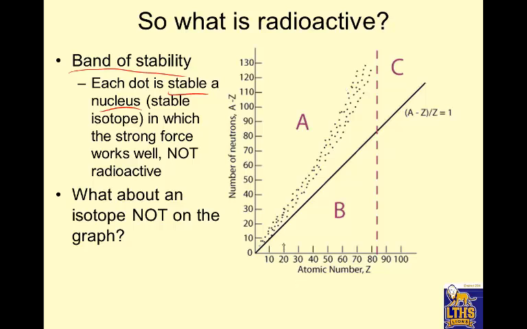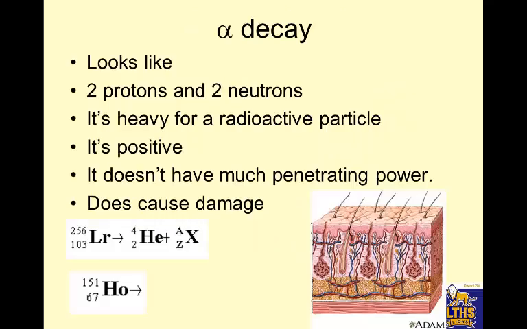So atomic number 20 with 24 neutrons, this is a stable isotope. It is not radioactive. But what about an isotope that has 20 protons, but only, let's say, 16 neutrons? Well, this is not one of these dots, so this is an unstable nucleus. So an atom that's not one of those dots is not stable.